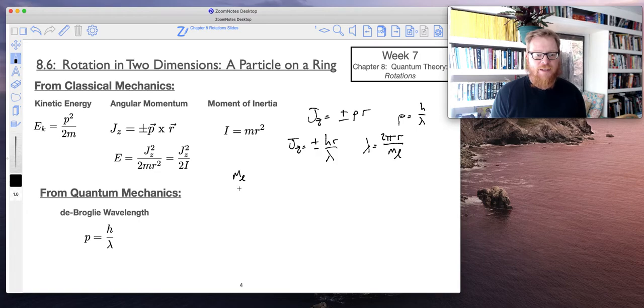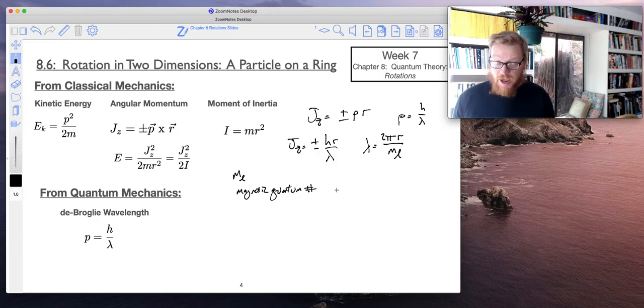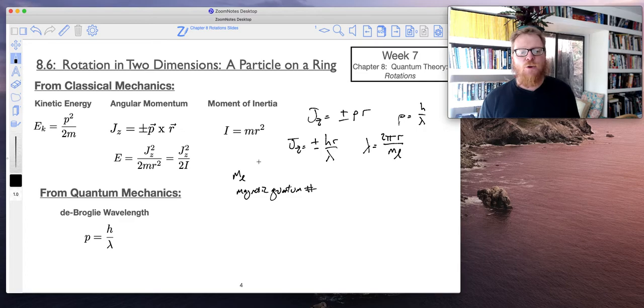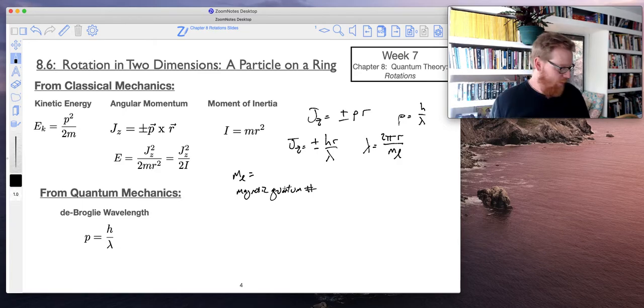That, in fact, is the ml that you know and love. That is called the magnetic quantum number, okay? And it can take on the following values. So for now, we're going to pretend that we don't know what values ml can actually take on. So when we try to figure out how we're going to do this closed loop motion, we recognize it's got to be in these integers of 2 pi or these circuits of 2 pi.